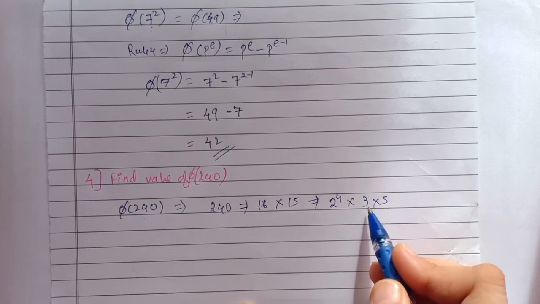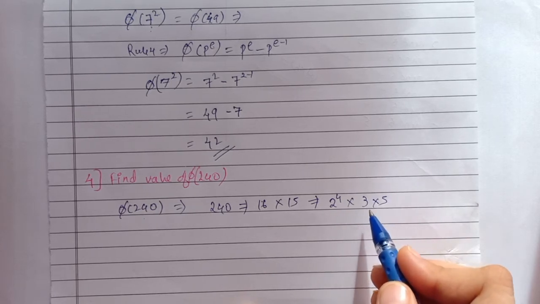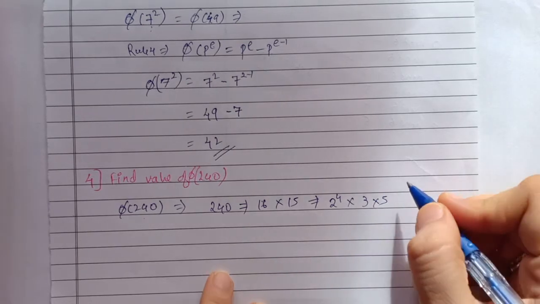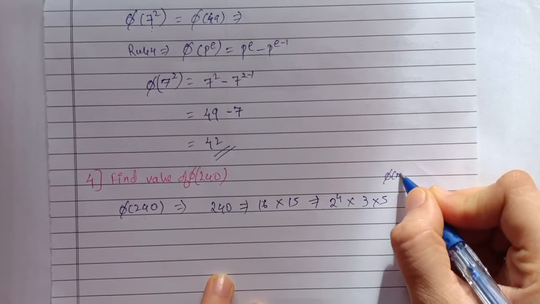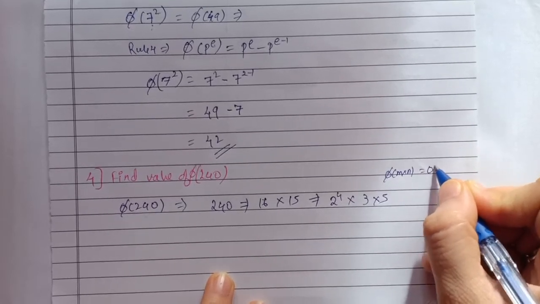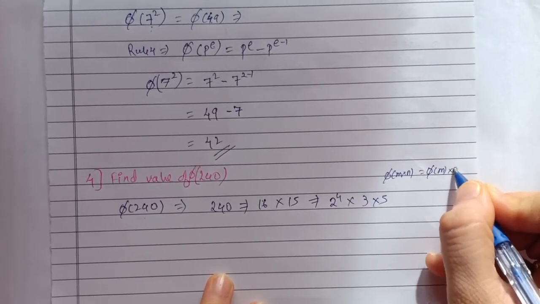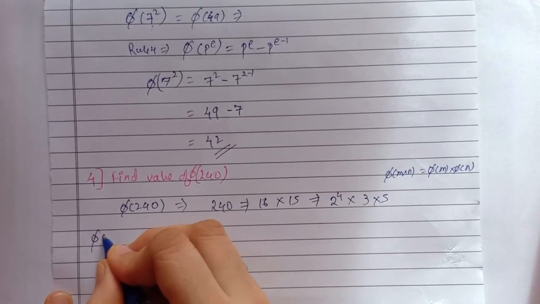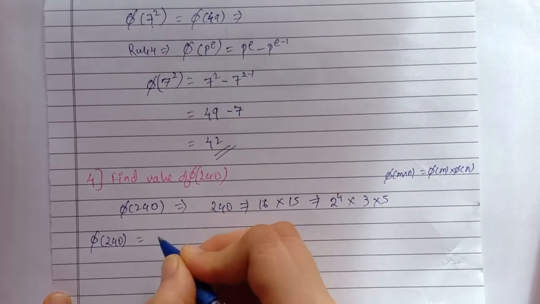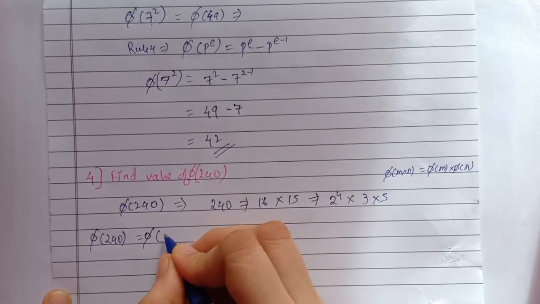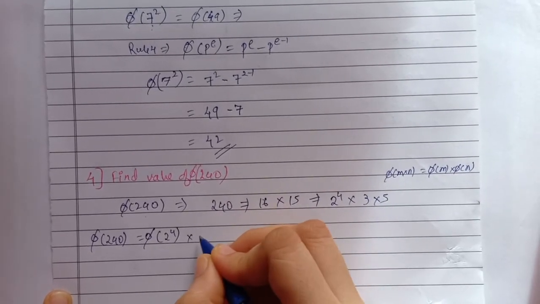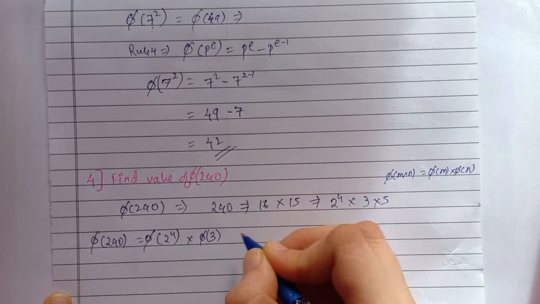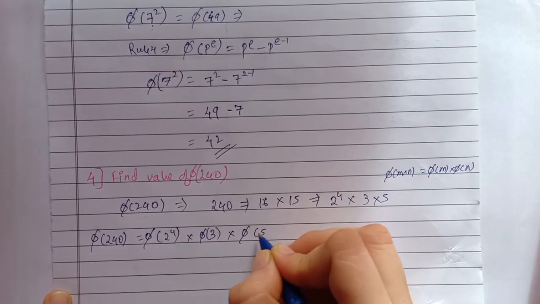Here we will apply rule number 3, that is phi of m into n is equal to phi of m into phi of n. So phi of 240 is equal to phi of 2 raised to 4 into phi of 3 into phi of 5.